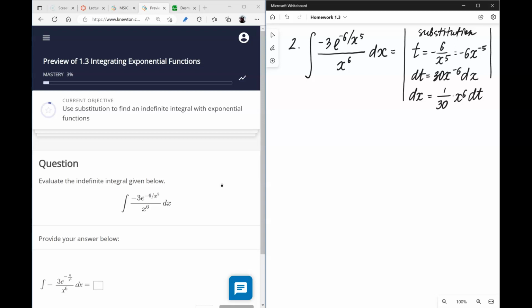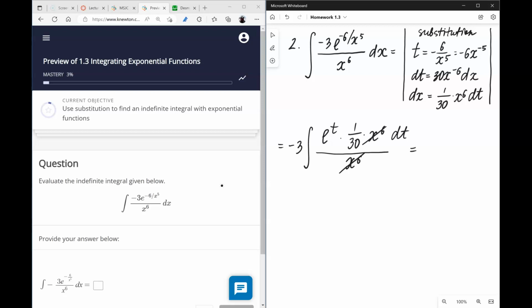So when I do my substitution, and by the way, the constant negative 3 can go outside, we have e to the power t dx, but dx is 1 over 30x to the 6 dt, and we have x to the 6 right over here, which gets cancelled.